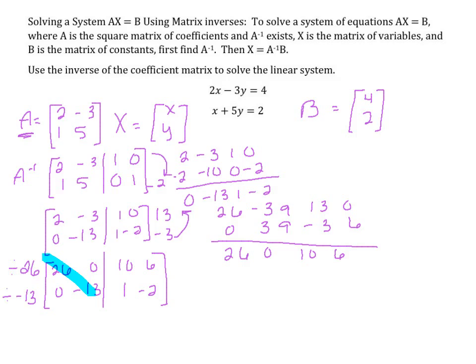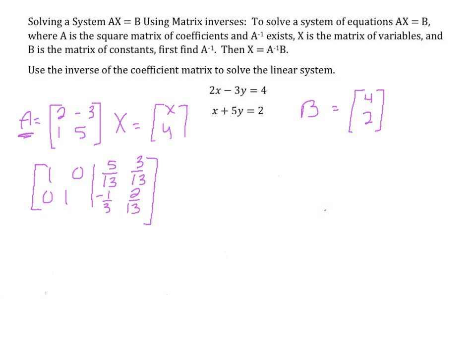So at this point I'm going to divide, and I'm going to erase part of this. When I divided the top row by 26 and reduced my fractions, we get 5/13 and 3/13. When I divided my bottom row by -13, we got -1/13 and 2/13.